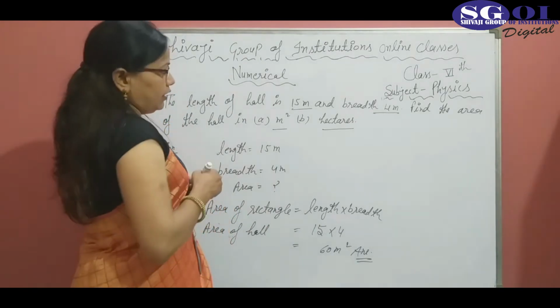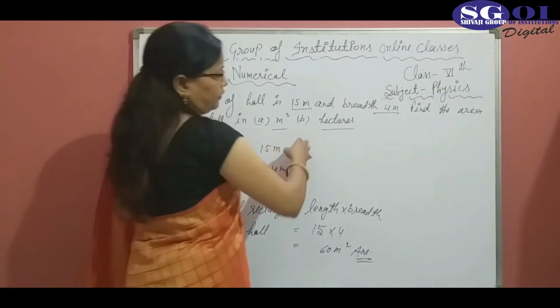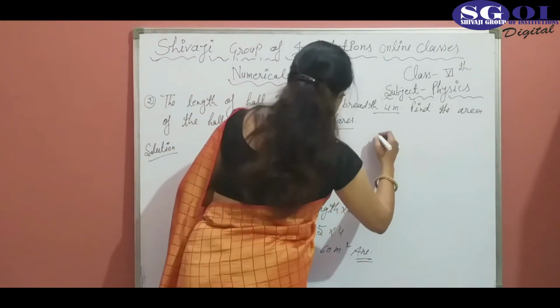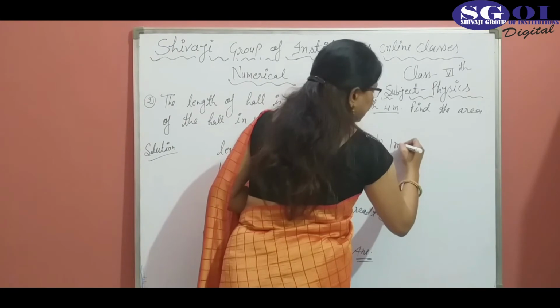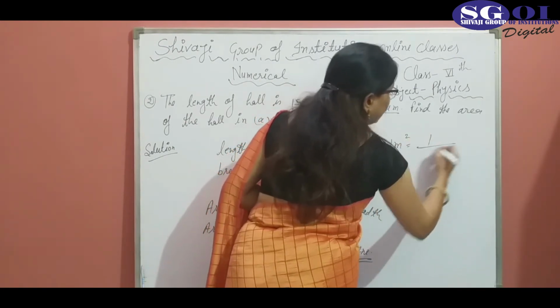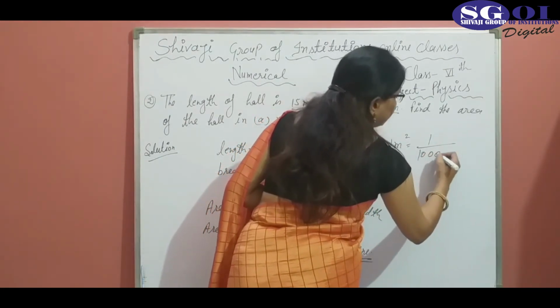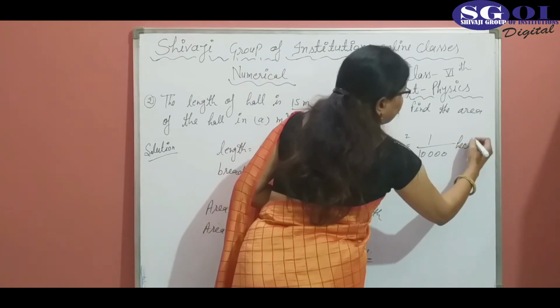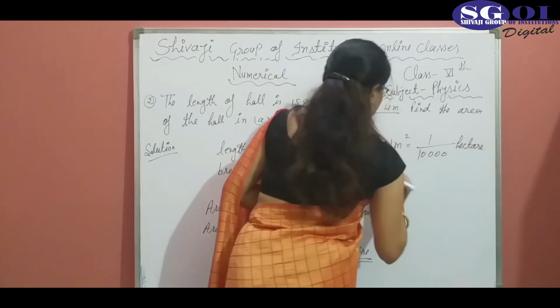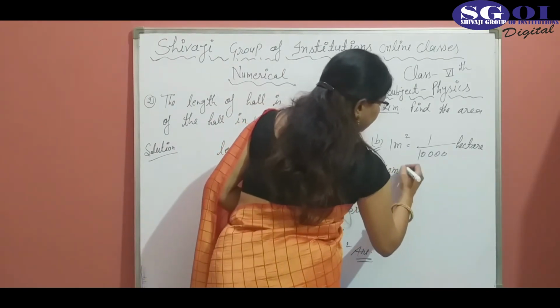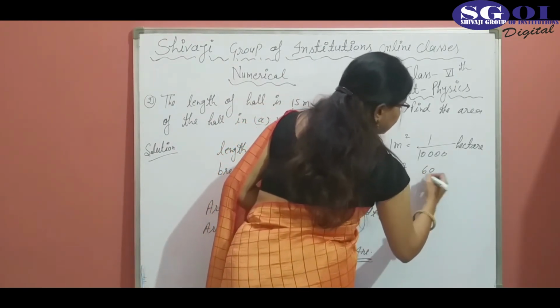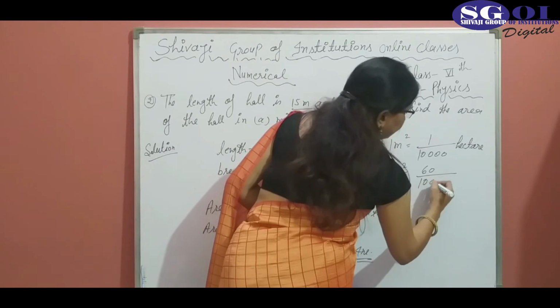Now the area of hall in hectare. Student, as we know that 1 meter square equal to 1 upon 10,000 hectare. So 60 meter square equal to 60 divided by 10,000.